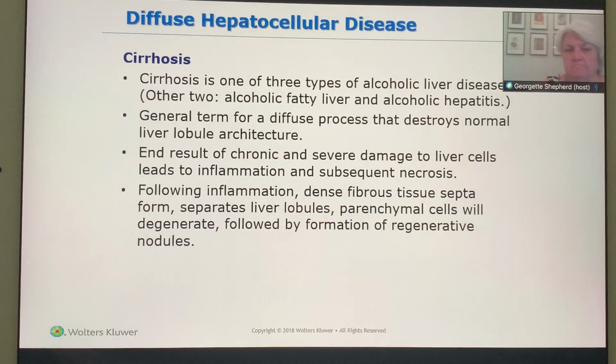Cirrhosis is where the liver becomes very, very fibrotic, and the nodules can regenerate themselves. Glisson's capsule becomes very undulated.